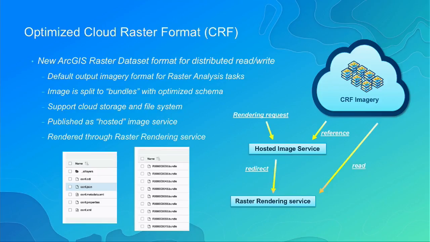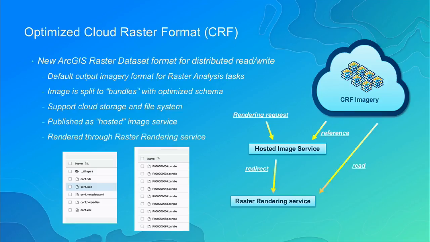This cloud raster format is built on top of our cache dataset, so we can split the pixel data into multiple files in a folder structure. This cloud raster format will be the default output format for raster analysis tasks.